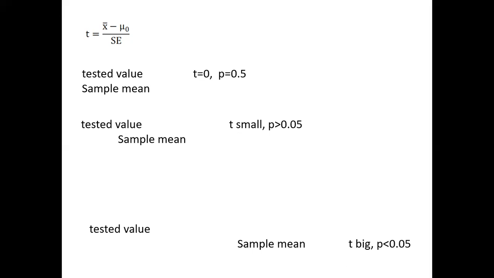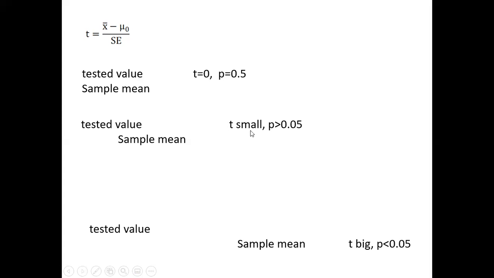Right. Small t means what? Go backward. t equals 0 means what? No difference. Tested value is the same as the sample mean. The tested value is the same as the mean that came from the sample.